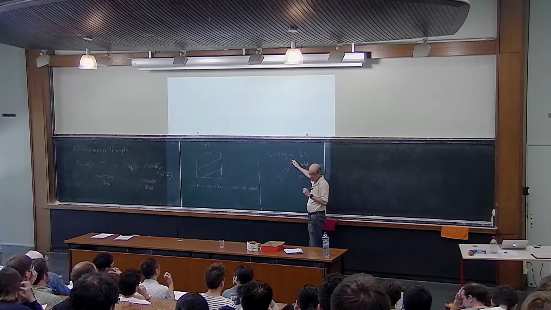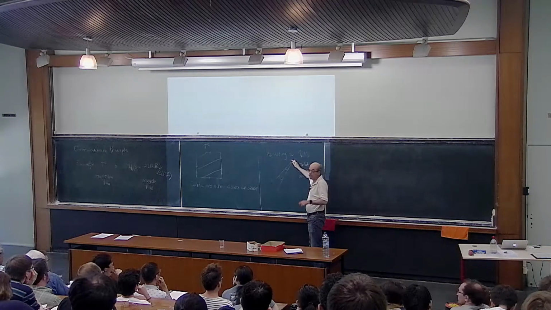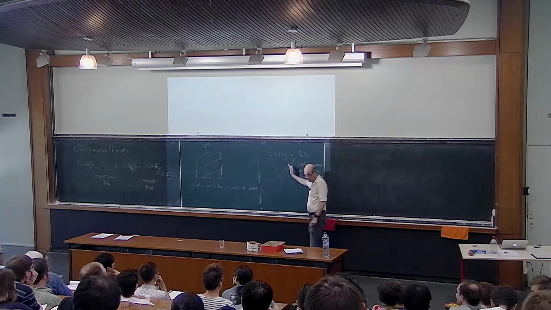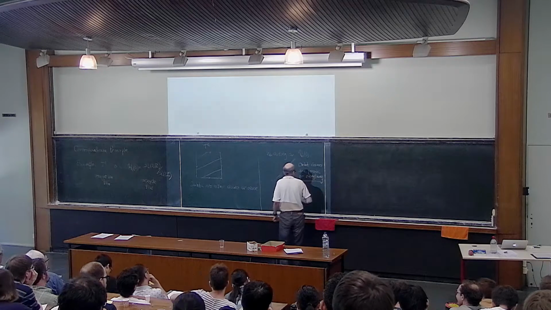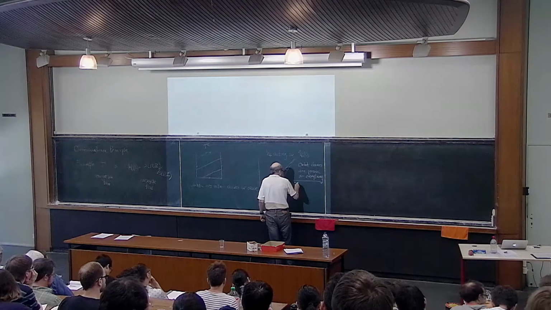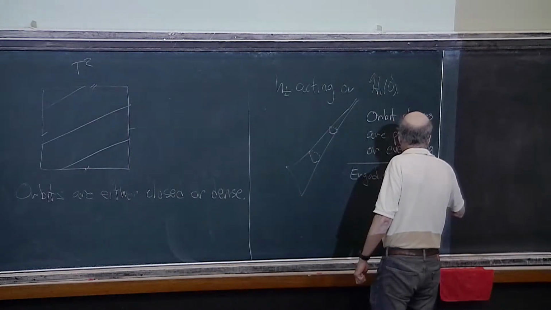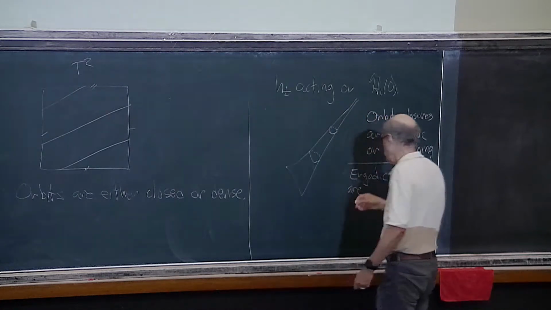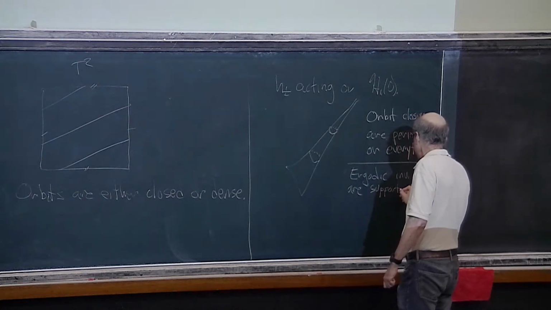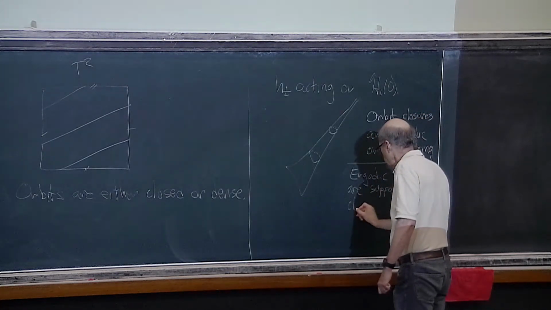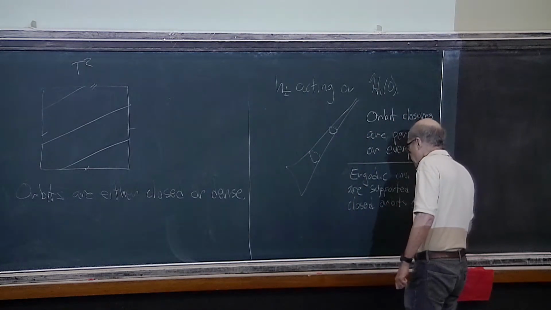It doesn't mean they avoid the cusp. It means they don't overstay their welcome in the cusp. They're not spending too much time in the cusp. So they're uniformly distributed. Ergodic invariant measures are either supported on closed orbits or Haar measure.